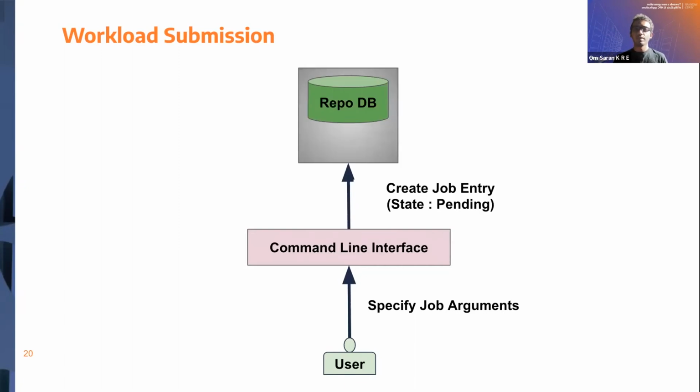Once that is submitted, the command line interface tool takes care of creating a job entry in the repository database that we previously discussed. The job can be in multiple states: pending, which means that it has not yet been scheduled; running, which means that it is currently being executed; and also terminal states like completed, which means that the job has completed its execution. So this is how a workload submission is done.